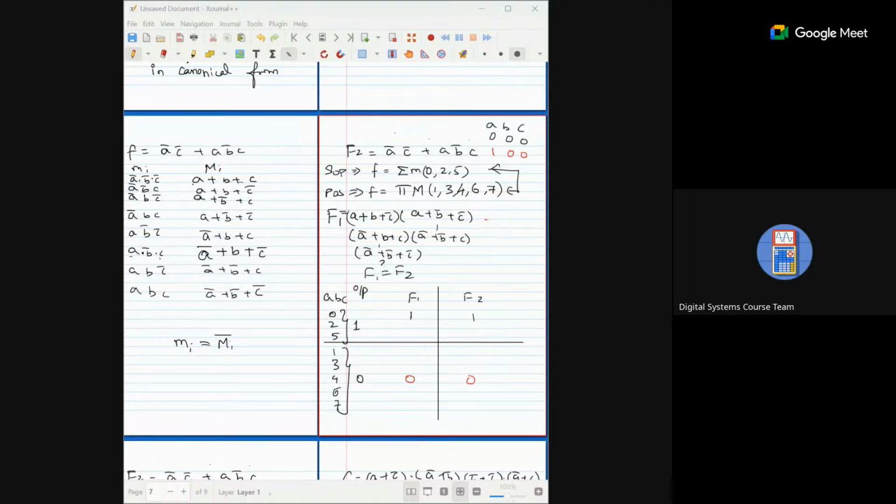Select it. I am talking about sum terms, that is max terms.